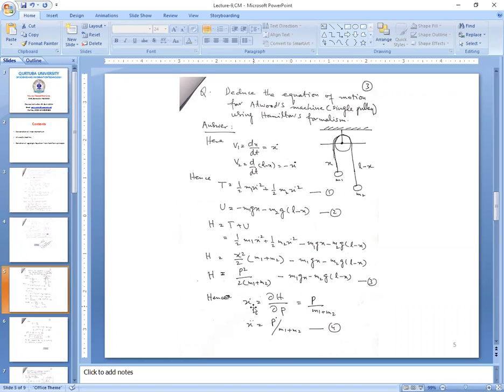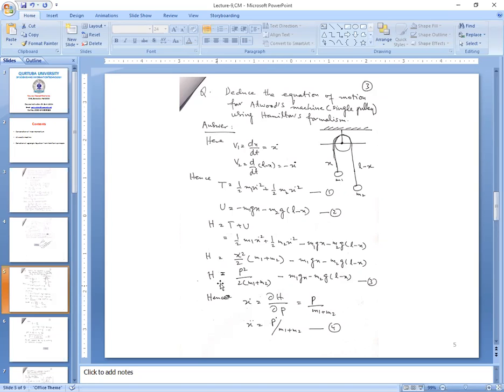As you know, from the canonical equation of motion, q dot j is equal to partial H over partial pj. Here q dot j is equal to x dot, and pj is equal to p.